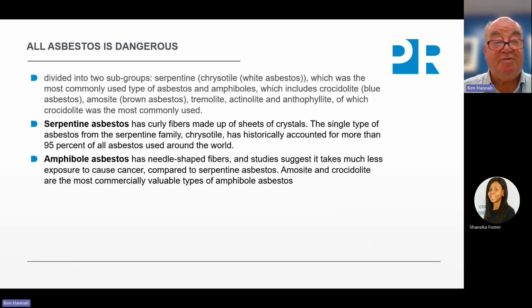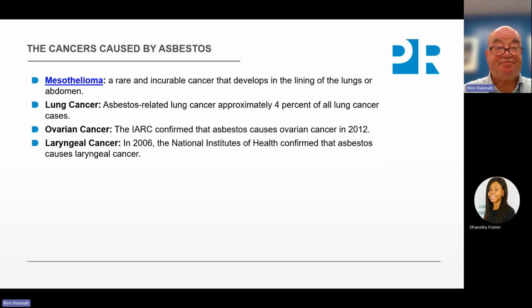The single type of asbestos from the serpentine family, chrysotile, has historically accounted for more than 95% of all asbestos uses around the world. Amphibole asbestos had needle-shaped fibers, and studies suggest it takes much less exposure to cause cancer compared to serpentine. And that's because the needle-shaped fibers get stuck in the lungs and in the body if they're inhaled or digested. Amosite and crocidolite are the most commercially valuable types of amphibole asbestos.